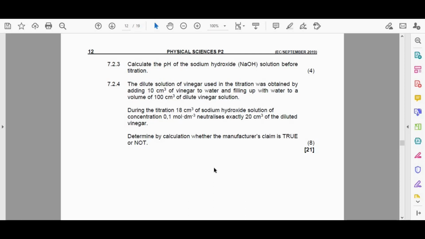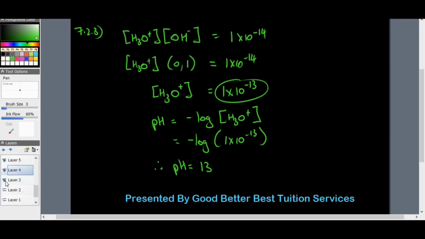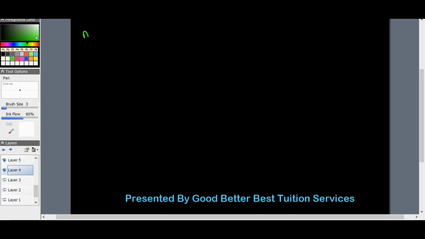Okay, well, let us have a look and see which one we get. Well, I think firstly, if we have the concentration of the sodium hydroxide, let's calculate how many moles we had of sodium hydroxide. So let's perform this calculation over here. The number of moles of sodium hydroxide should be equal to the concentration times the volume. Now we were told the concentration was 0.1.